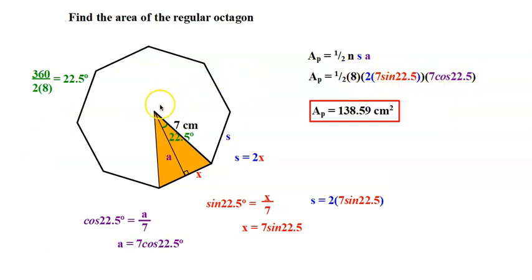All right. So you're just going to take whatever it is it gives you, and then draw your triangle right here, and use your trigonometry to figure out your S and your A. Okay, depending on what they give you, if they give you a side, if they give you the apothem, if they give you the radius, depending on what they give you, depends on what kind of trig ratios you use.